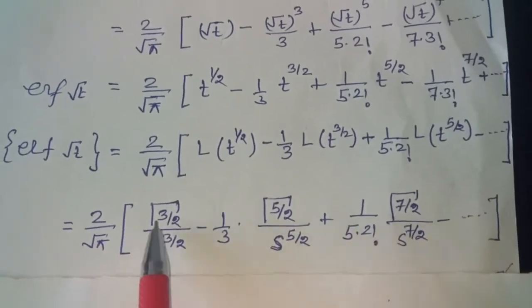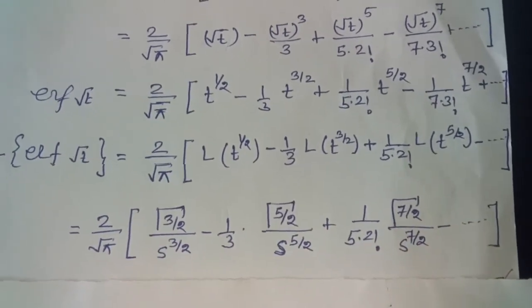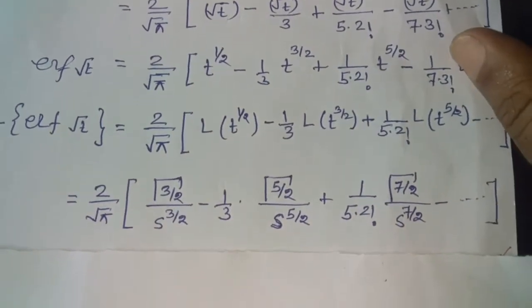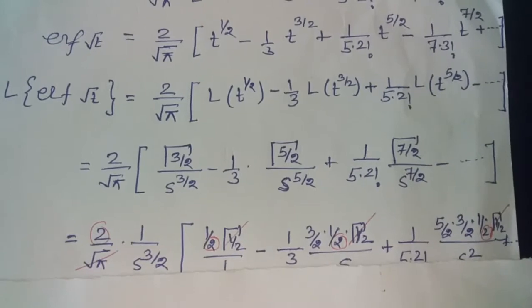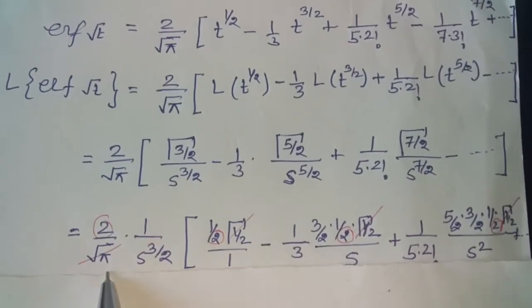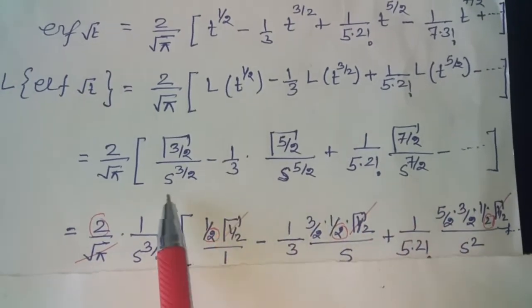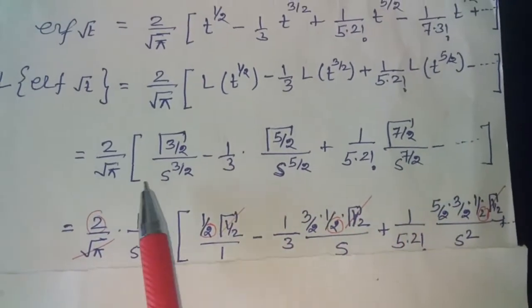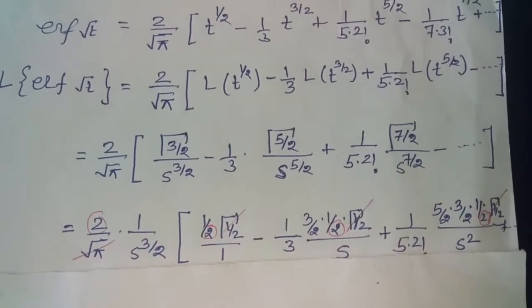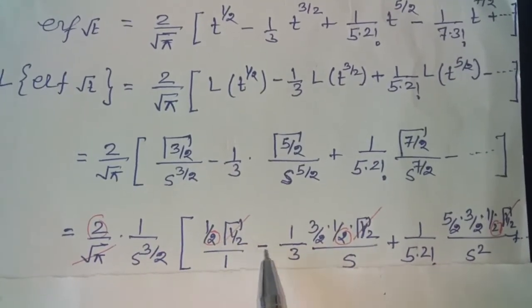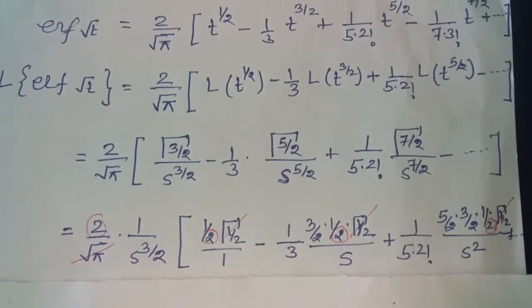Now expand this expression using gamma formula, that gamma n plus 1 is n gamma n, and we get 2 upon root pi. Also we take s power 3 by 2 common from the denominator of each expression. We get here gamma 3 by 2 is 1 by 2 gamma 1 by 2 minus 1 upon 3.